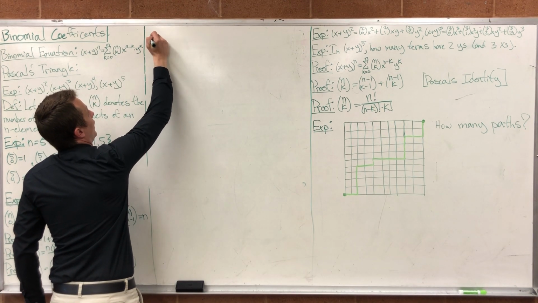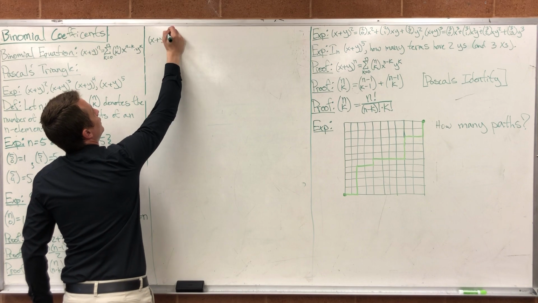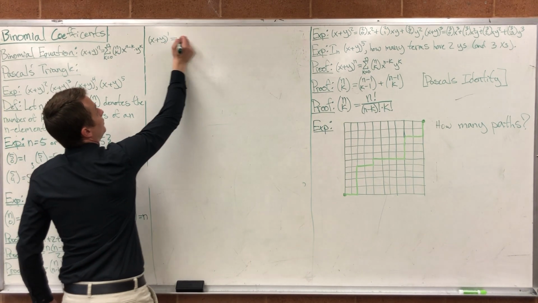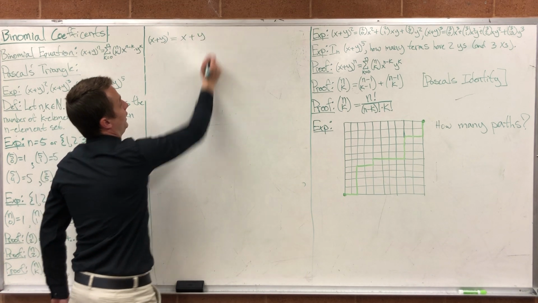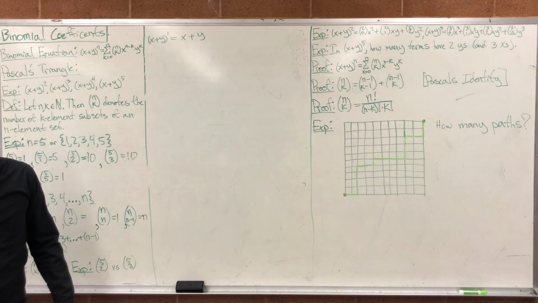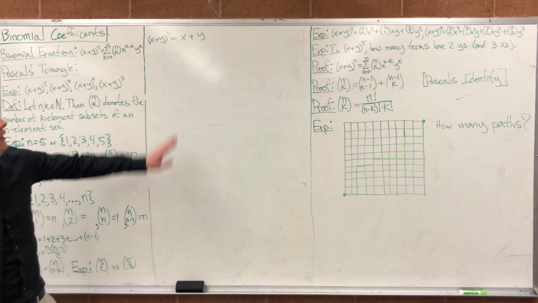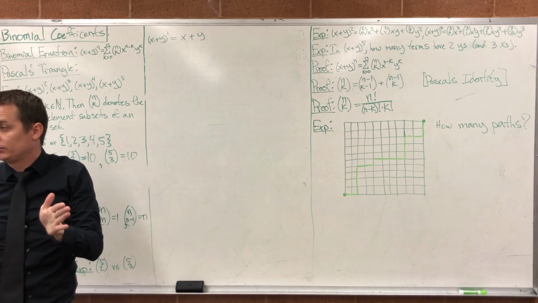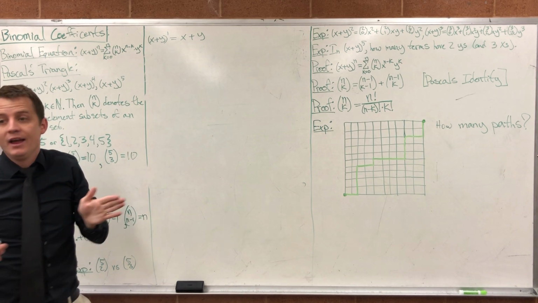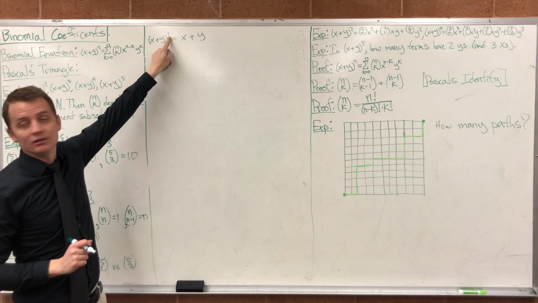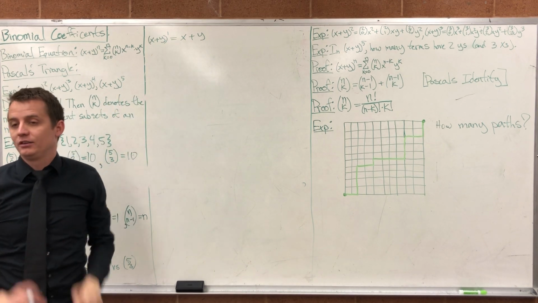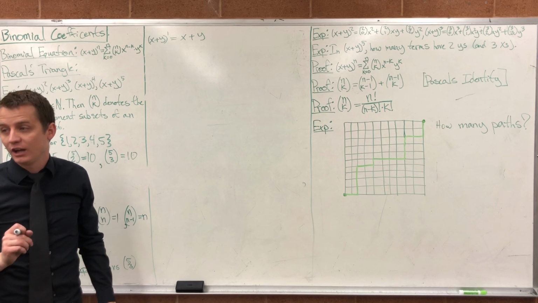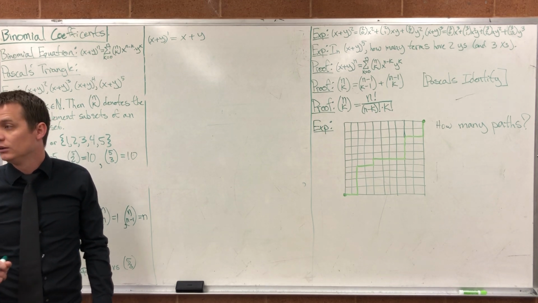And first, let's think about x plus y to the 1. This is equal to x plus y. Now, if I were to ask you, how many one-element lists, and remember, list order matters, could I make using the letters x and y? 2.